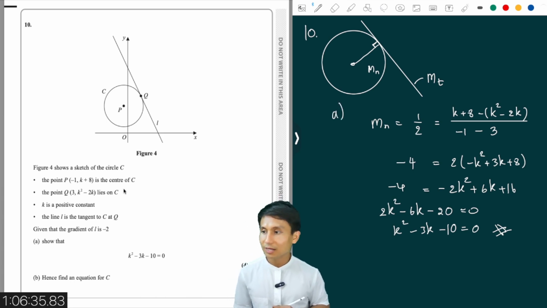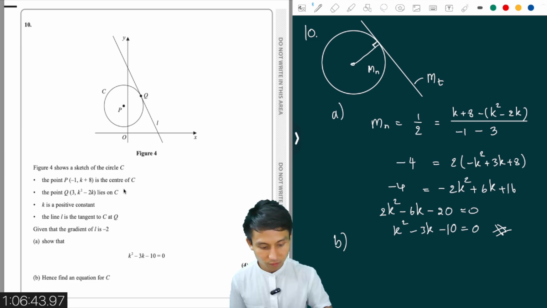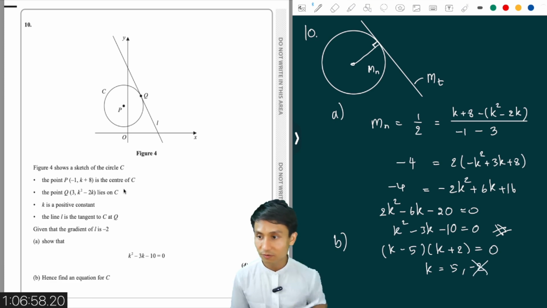Part B: hence find an equation for C. Somehow we need to find k, so let's solve for k first. I can see that it's just factorization. Factorizing it, k is 5 or -2, but we want k as a positive constant, so k is 5.